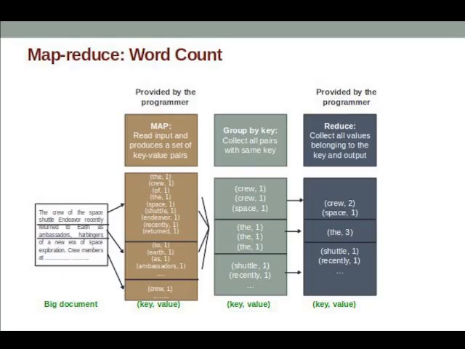The input split function defines a logical representation of data and presents a split data for processing at the individual map function. The record reader communicates with the input split and converts the split into records which are in the form of key value pairs in a format suitable for reading by the mapper.